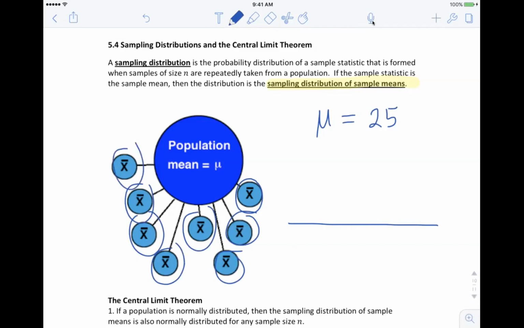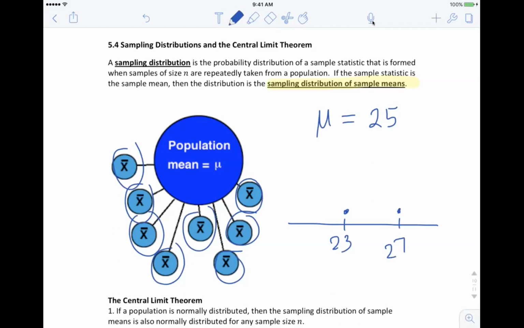Let's say we take 2 students, we average their ages together, and we get 23. And then I'm going to plot a dot at 23. Then we take 2 new students, average their 2 ages together, and we get 27. So I'm going to plot a dot at 27, etc., etc. I want to know what happens to the shape if I keep doing this many times.